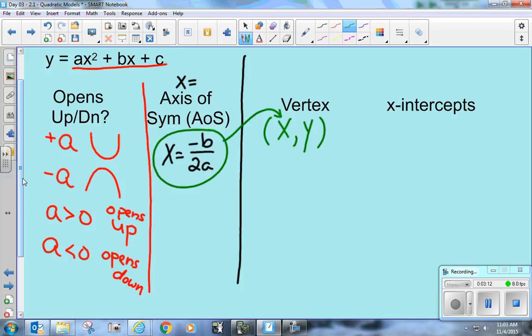Well, if we have this value here, why don't I just plug it in and solve for y? So I just plug x into the equation and solve for y. It's that simple. And now you have your x and your y.